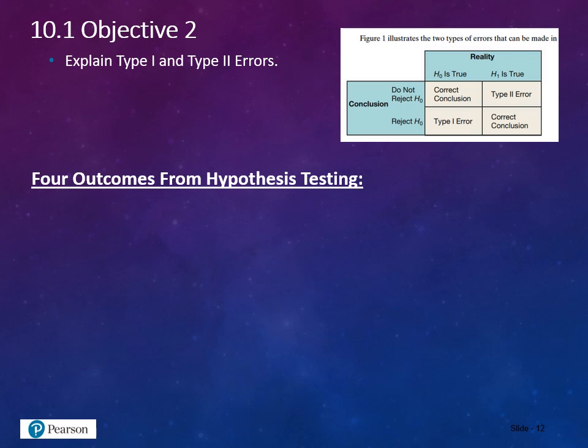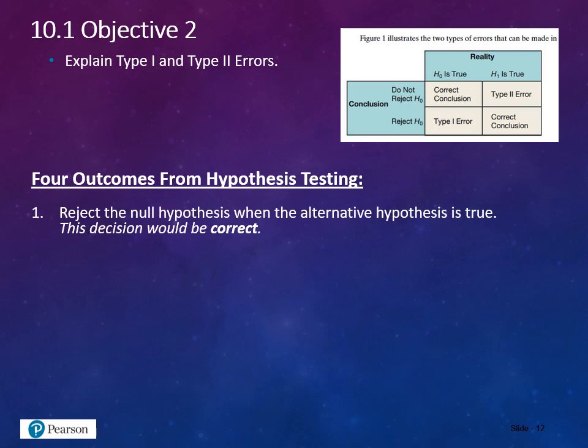So our second objective is to identify type 1 and type 2 errors. And there's a nice little table from your book, figure 1 in this section, that explains how these work. And so in words, I'm going to combine them. If we reject the null hypothesis when the alternative hypothesis is true, this decision would be correct.